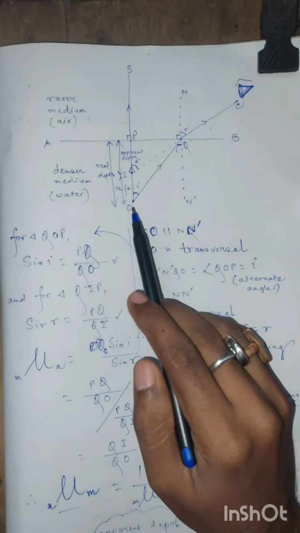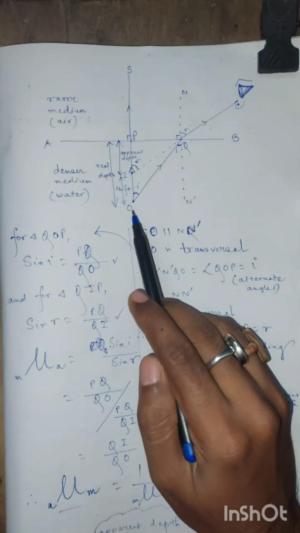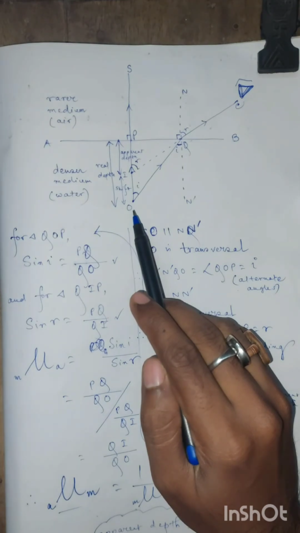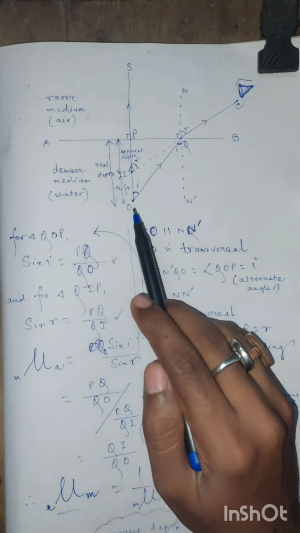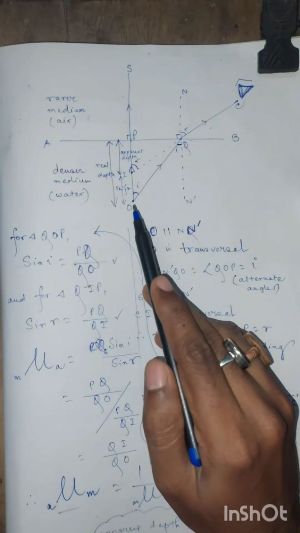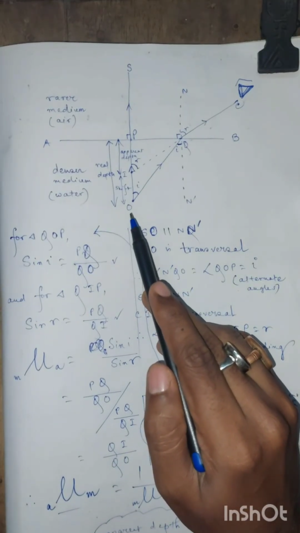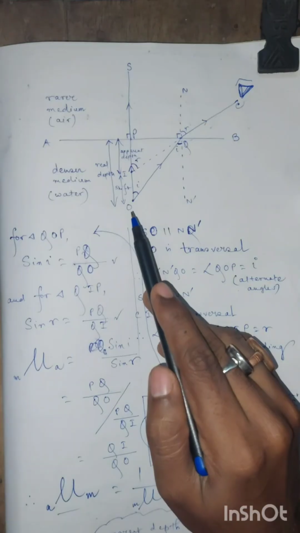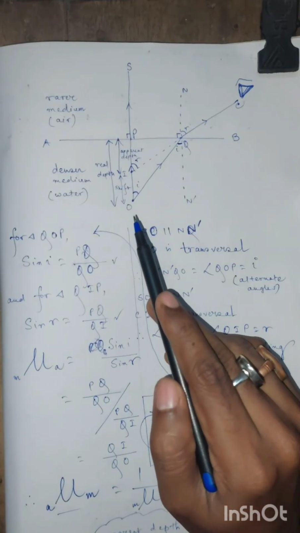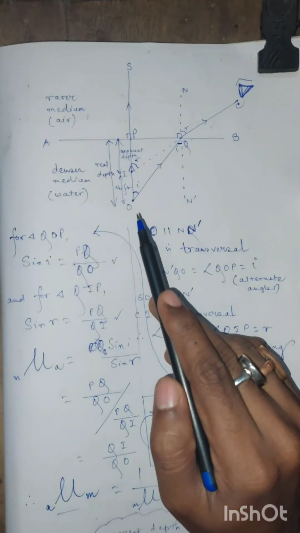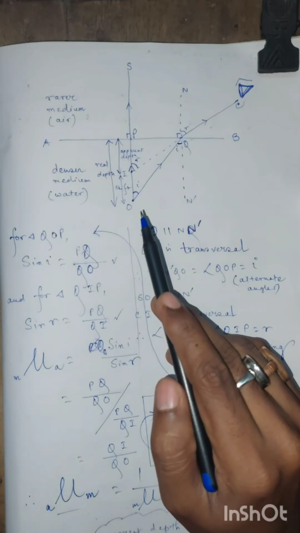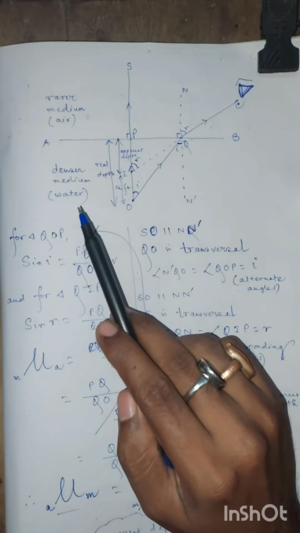Let us assume O is the object which is placed in a denser medium. We can assume the medium as water.